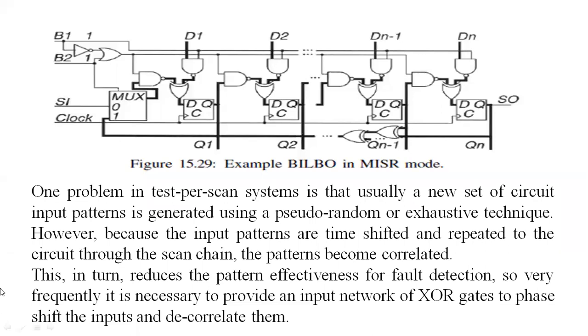However, because the input pattern is time shifted and repeated through the circuit and the scan chain, the patterns become correlated. If we require a set of input patterns from the circuit operation, the input pattern is shifted based on the time shift operation and repeated through the complete circuit, so all the patterns become correlated. This in turn reduces the pattern effectiveness for fault detection.